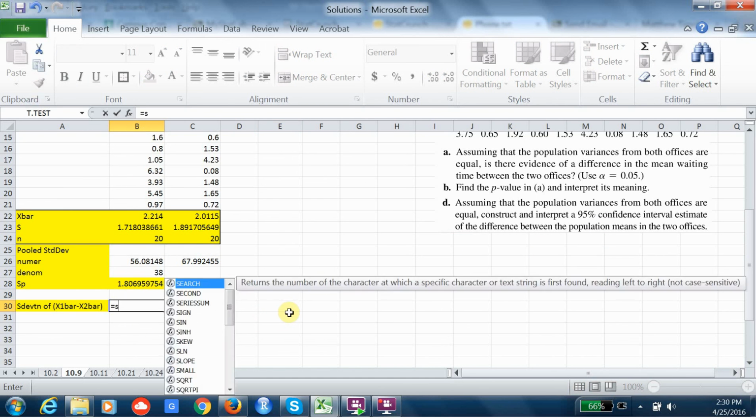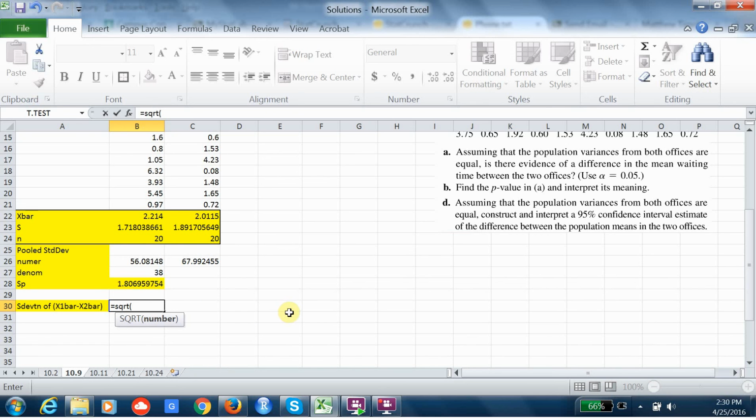So remember, this is going to be the square root now of the pooled sample standard deviation squared, divided by n1, plus the pooled sample standard deviation squared, divided by n2. Okay? Now this should always be less than any of these, because this is a standard deviation of the estimator. That's always going to be smaller, okay?